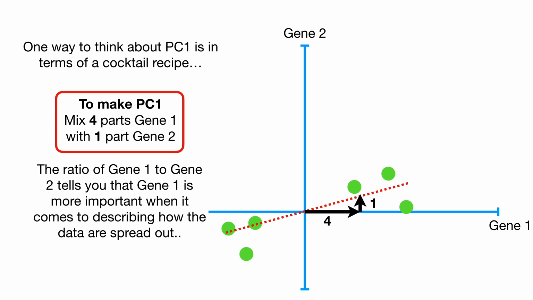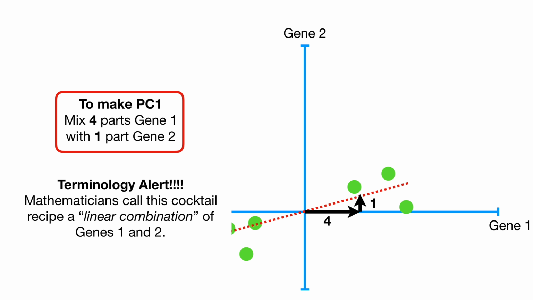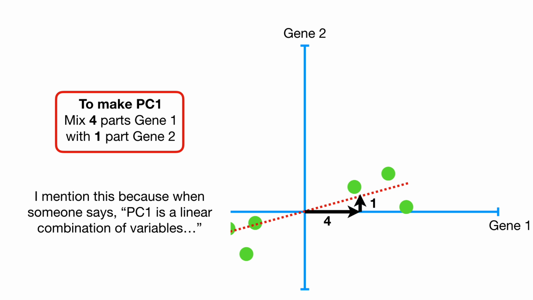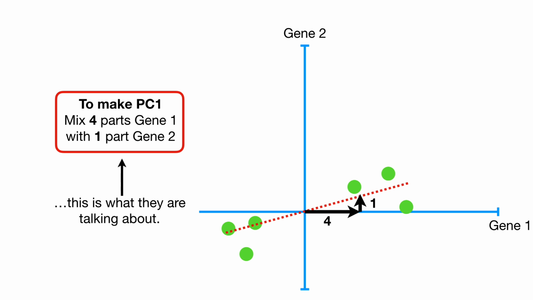The ratio of gene 1 to gene 2 tells you that gene 1 is more important when it comes to describing how the data are spread out. Oh no, terminology alert! Mathematicians call this cocktail recipe a linear combination of genes 1 and 2. I mention this because when someone says PC1 is a linear combination of variables, this is what they're talking about.